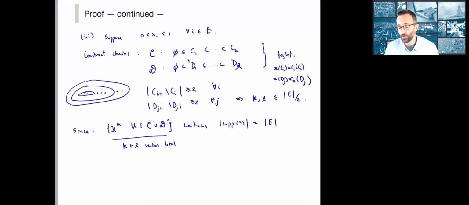But if k and l are individually at most E over 2, well, that means that k has to equal l, which has to be equal to E over 2. But what does that mean?